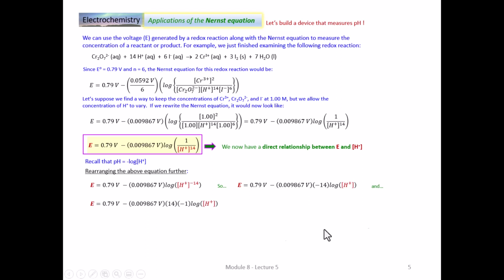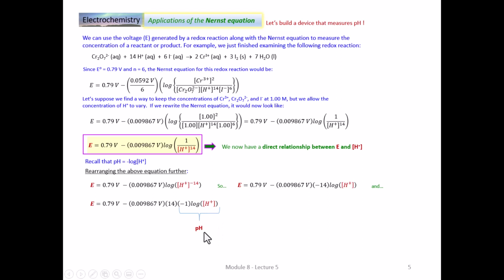And I'm going to take the focus off the 14 as having the minus charge by just inserting a -1 here. So this equation right here is exactly the same as this equation here. Just instead of -14, I'm writing 14 times a -1. Well, of course, the reason I'm doing that is because minus the log of the hydrogen ion concentration is the pH.